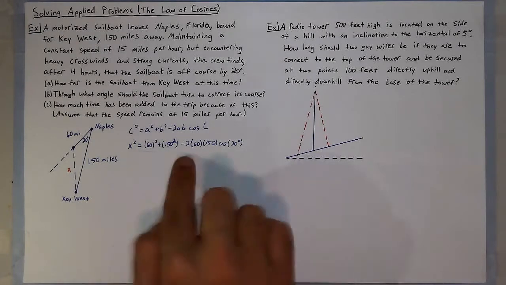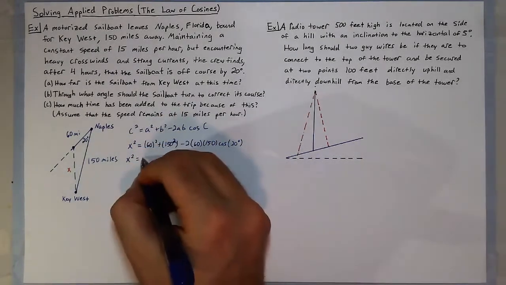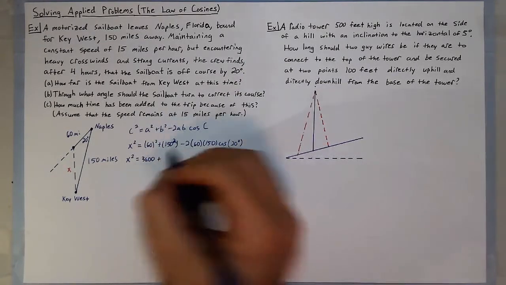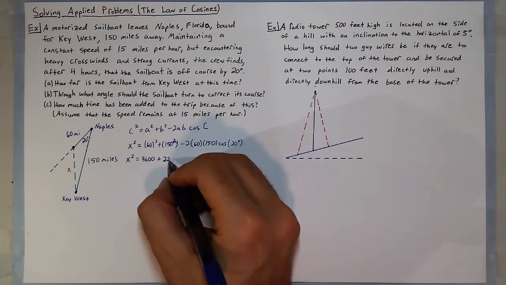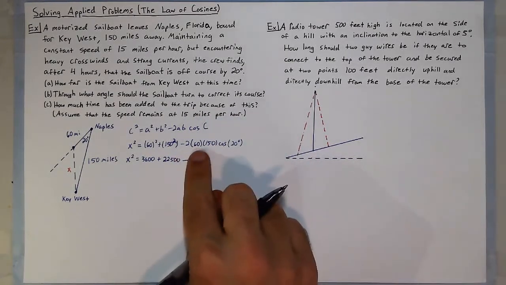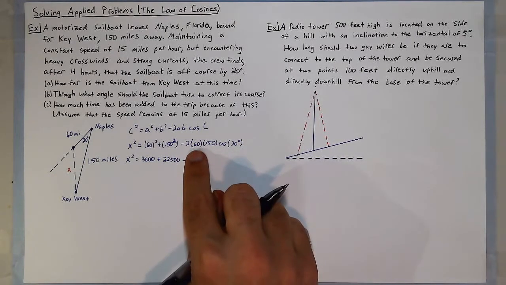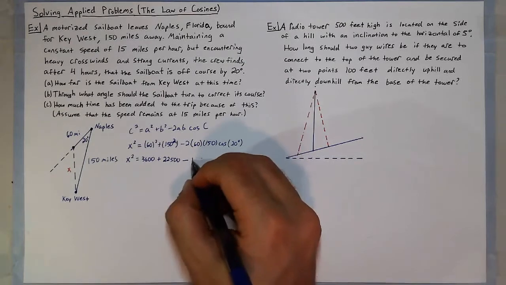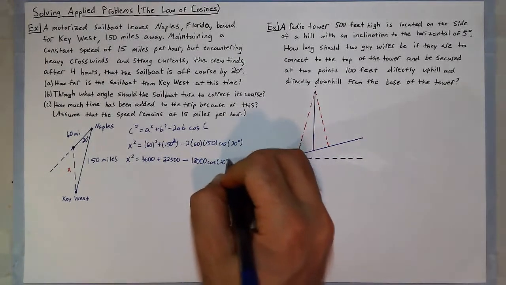So plugging all this in, I'm going to simplify this a little bit. 60 squared gives me 3,600 plus 150 squared, which is 22,500, minus 2 times 60 times 150, which would be 300 times 60, so 18,000, cosine of 20 degrees.